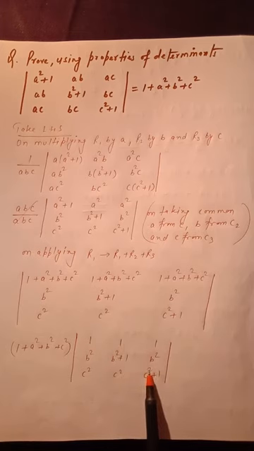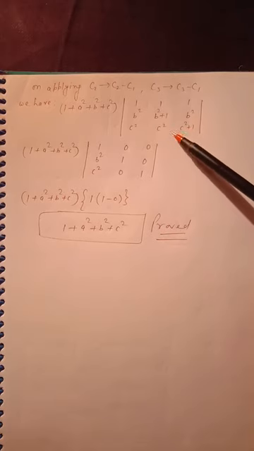This previous determinant I have written again, and we have to make two elements 0. So for this apply the operation C2 is equal to C2 minus C1 and C3 is equal to C3 minus C1.